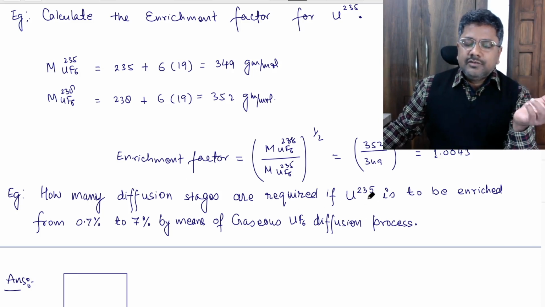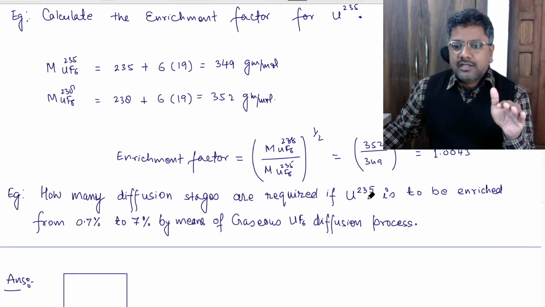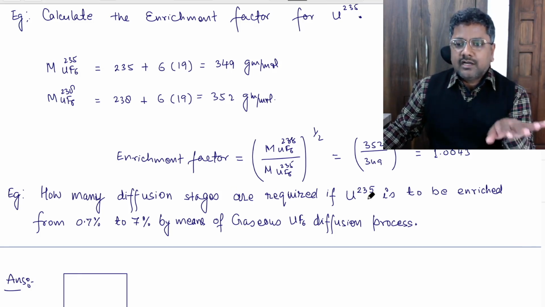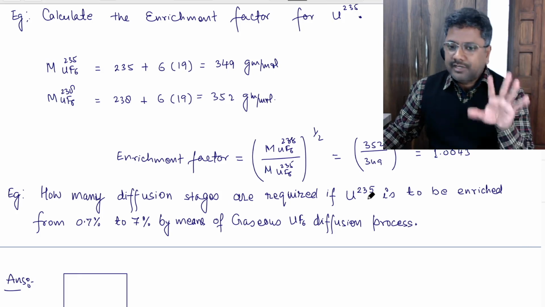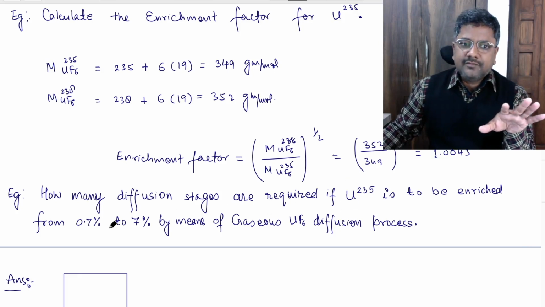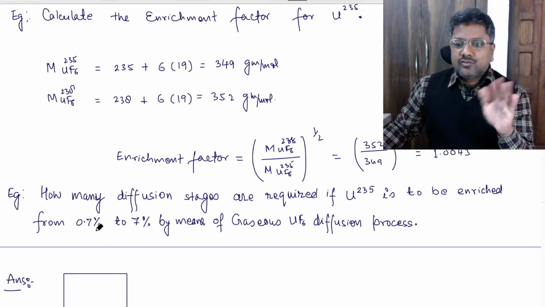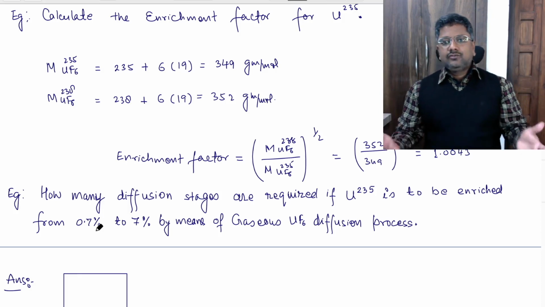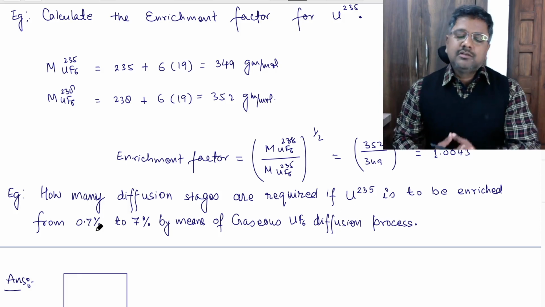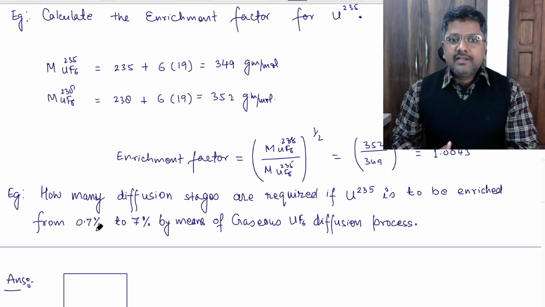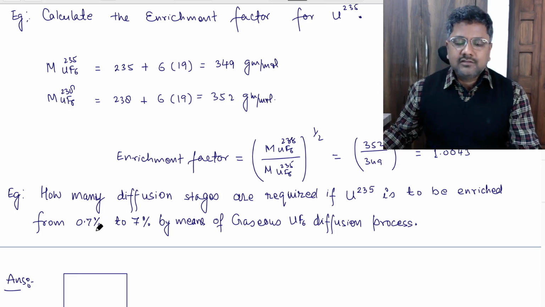So uranium-235 and 238, there are two naturally occurring isotopes of uranium, in which uranium-235 is 0.7% by mass and the rest is 238, and 235 is a fissile material used in nuclear reactors and atom bombs, right?